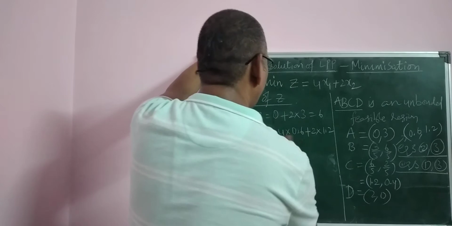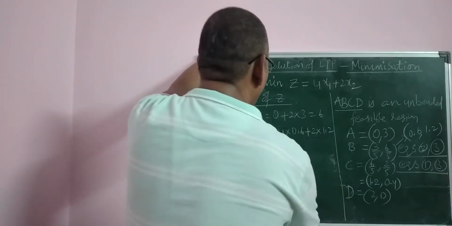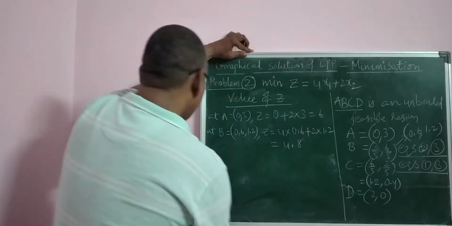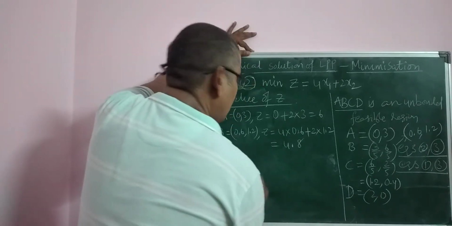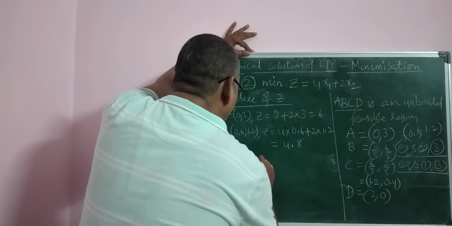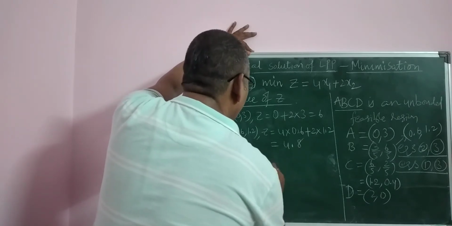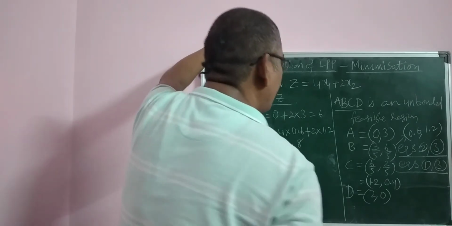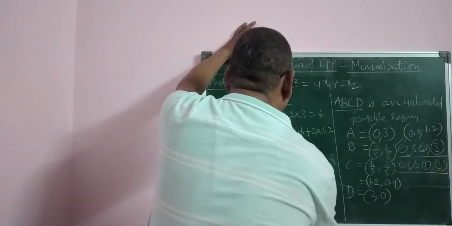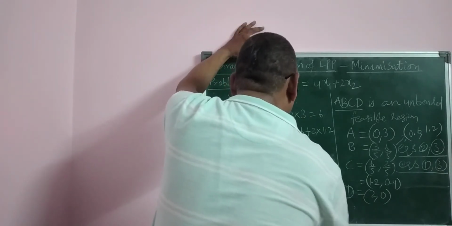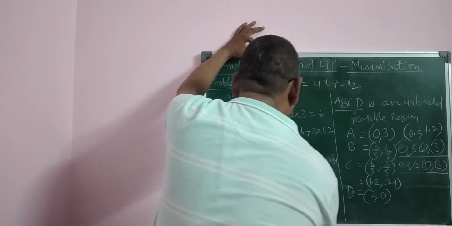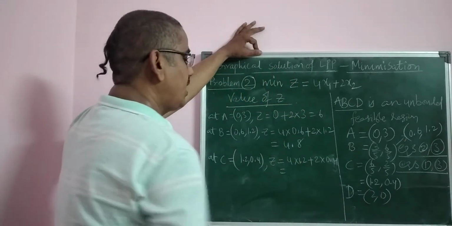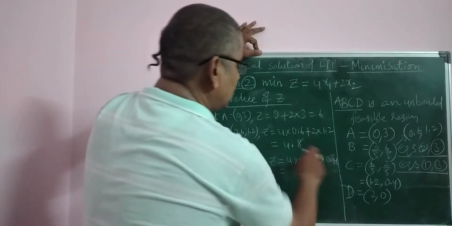It is 2.4 plus 2.4, which is 4.8. At C, which is 1.2 and 0.4, Z is 4 into 1.2 plus 2 into 0.4. It is 4.8 plus 0.8.